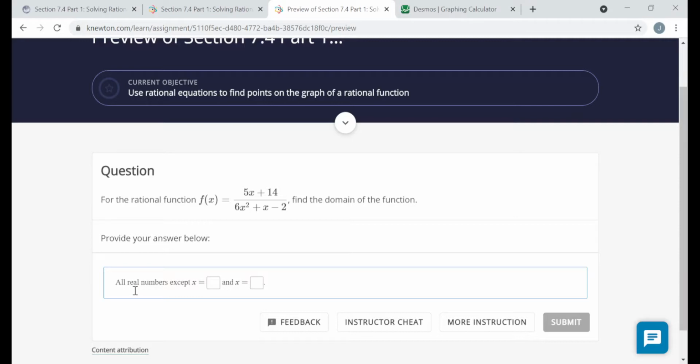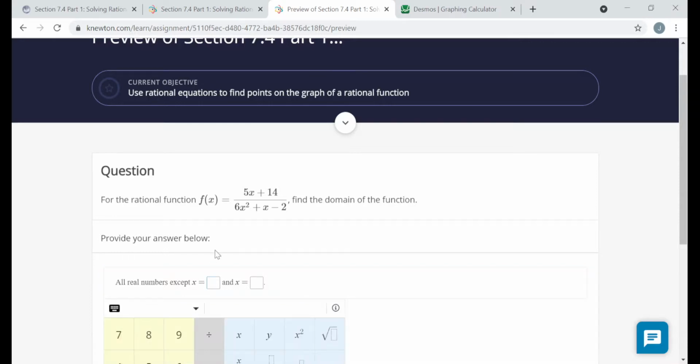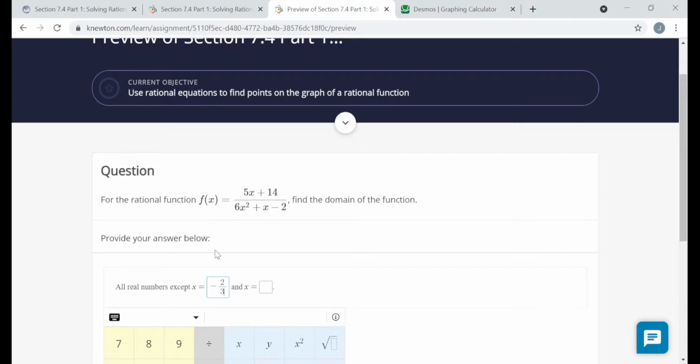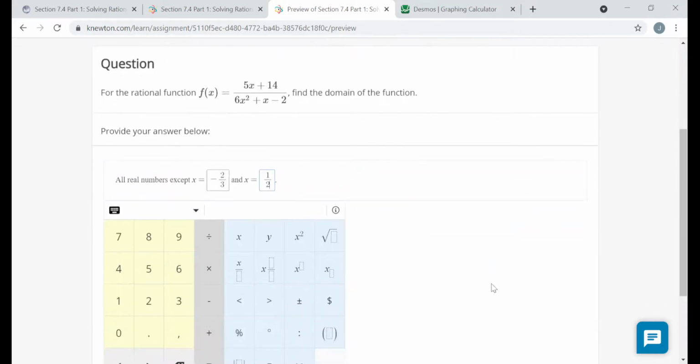See how they're writing it here in the answer box? All real numbers except what values? And we found the values that we can't use are negative 2/3 and positive 1/2, because once again, those values would make my denominator 0, and that is not good.